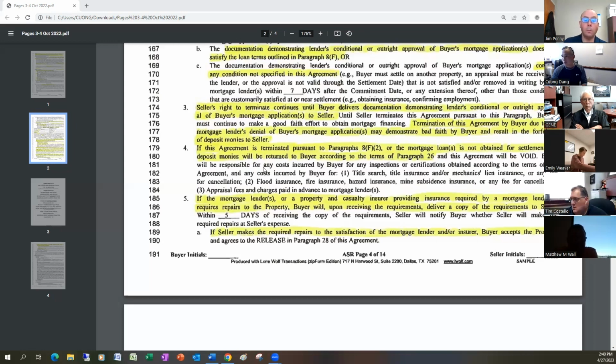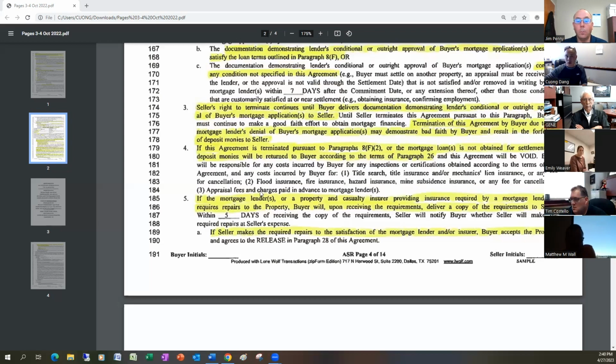Buyer will be responsible for any costs incurred by buyer, okay, for any inspections or certifications obtained according to the terms of this agreement, and any costs incurred by buyer for title search, title insurance, liens, or any cancellation fee, flood insurance, fire insurance, hazard insurance, or any fee for cancellation, and appraisal fees.